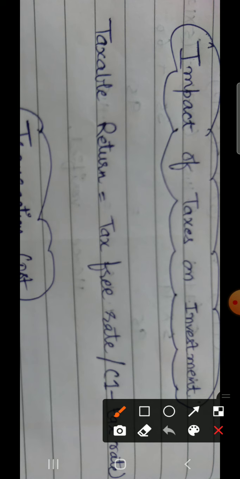Income earned by way of capital gain from sale of shares is divided into two categories: short-term capital gains and long-term capital gains. If a security is sold within 1 year from the date of its acquisition, it is referred to as short-term capital gain.